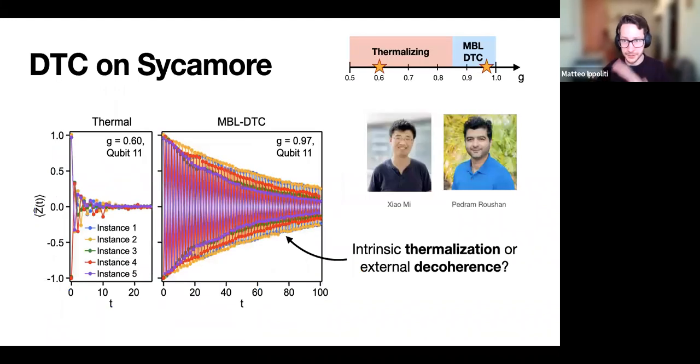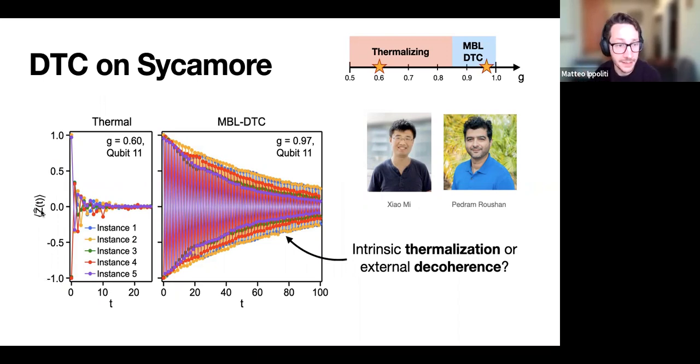So finally, after this preamble, let's get to some actual data. And this is data obtained by our collaborators at Google, in particular, Xiao Mi and Pedram Roushan. We're showing here 2 points that are sufficiently deep in the respective phases. So if we set G equals 0.6, for example, we expect to be deep in the thermalizing side.